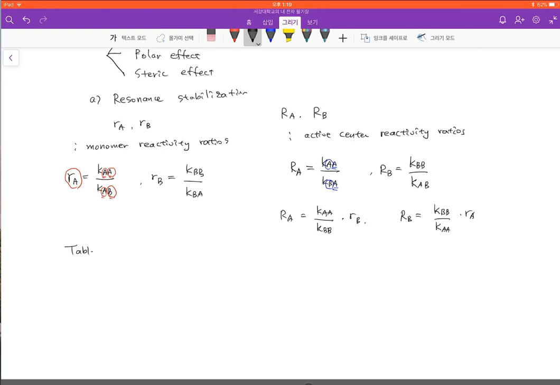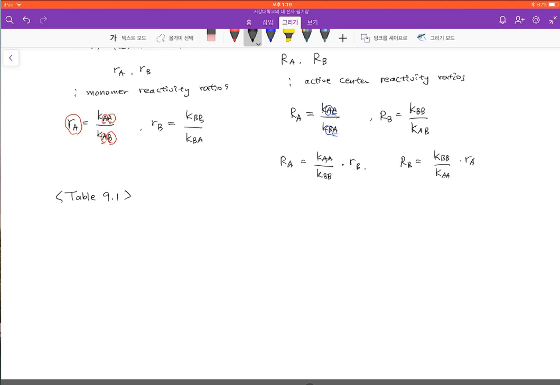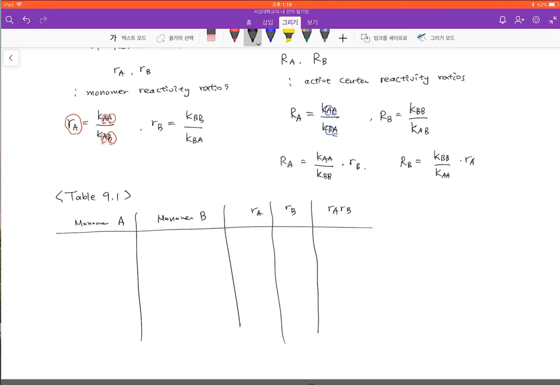So let's look at table 9.1 from the textbook. It is a relatively large table. There is monomer A and monomer B, and they show small ra, small rb values, and also their product. Let's write down a few of them.